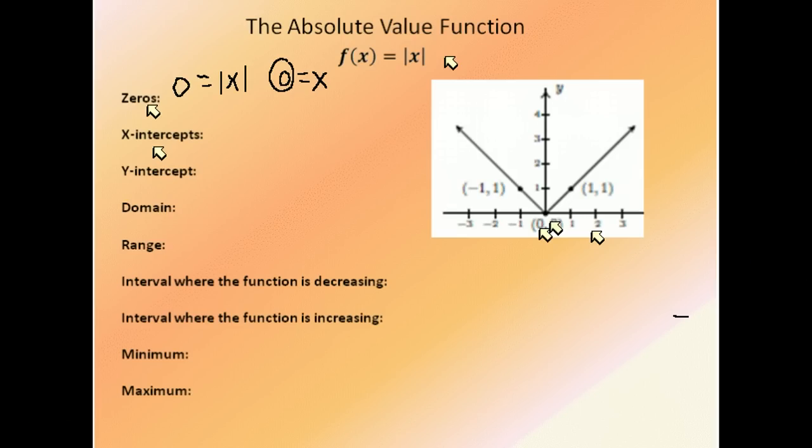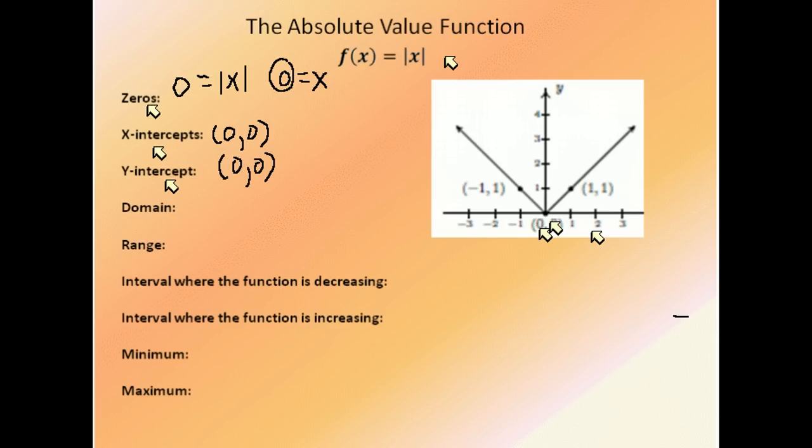We can see that that happens at the point 0, 0. The y-intercept, this does not happen very often, but it does in this graph, is the same. Y-intercept is the point on the function where it touches the y-axis. And once again, that is the point 0, 0.